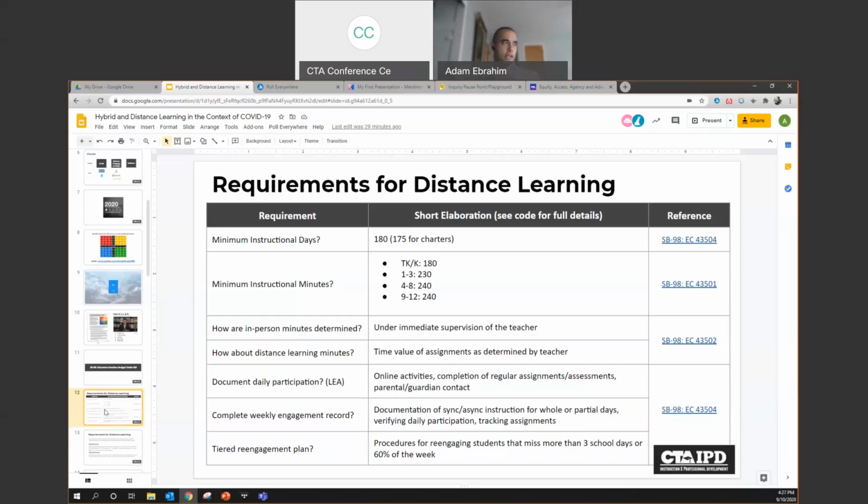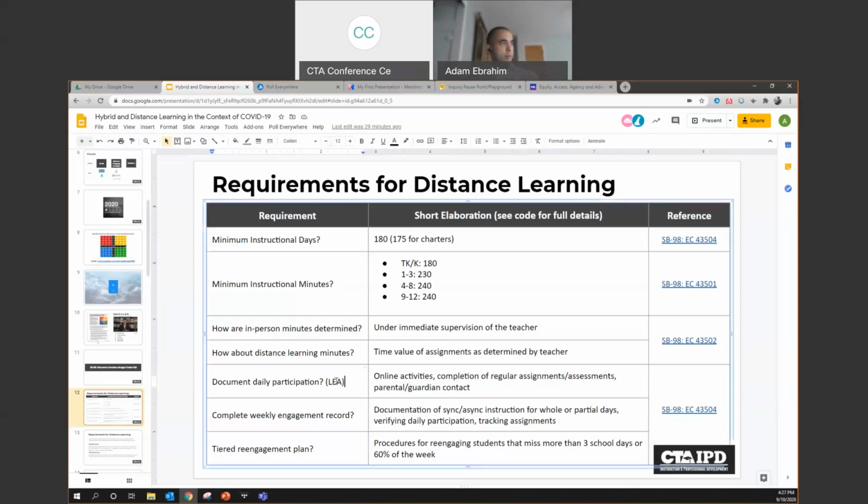Now, here are the two things that, oh, sorry. And how do we, so there's this requirement for daily participation, right? And for those of you that are association leaders and CTA board members, there was an advisory that went out today on this. And so there was documenting daily participation. So how do we document that students are participating in class?